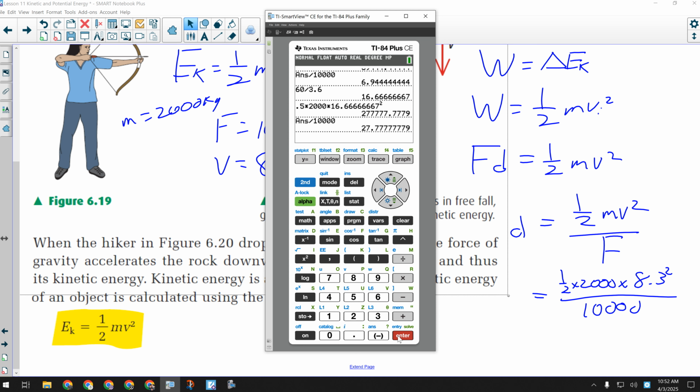Okay, 27.7 meters. I'm pretty sure, yeah, look at that. It's 4 times more distance. I'm only going twice as fast, but it's going to take me 4 times longer to stop.